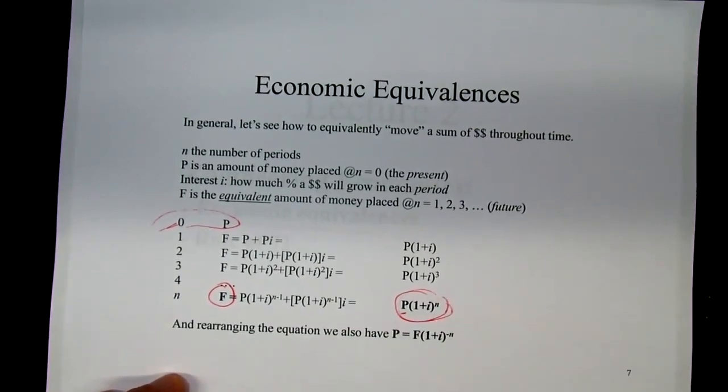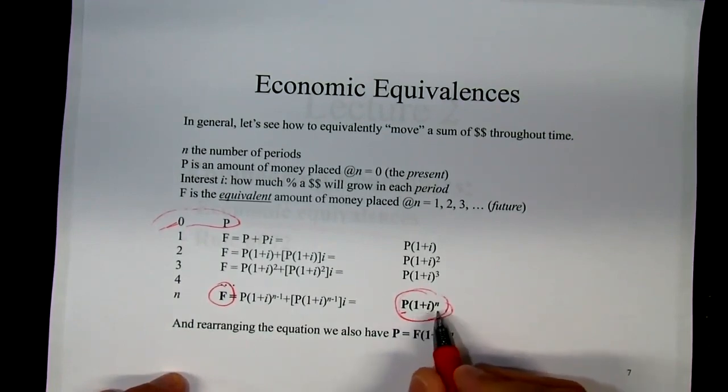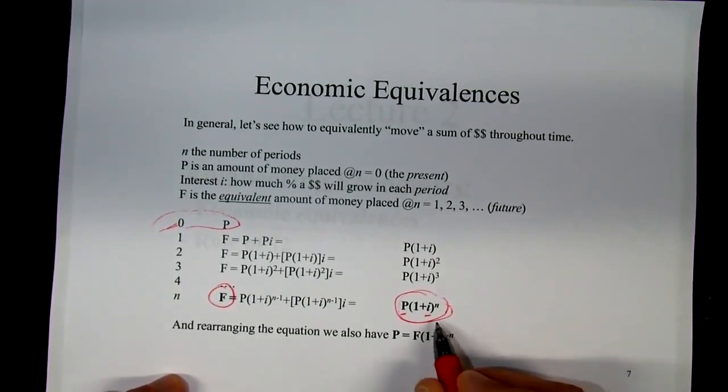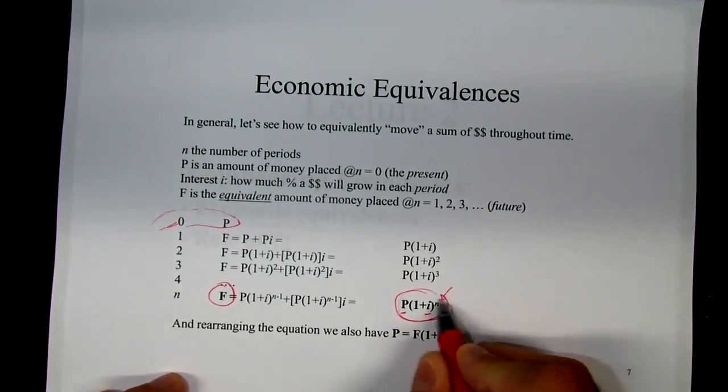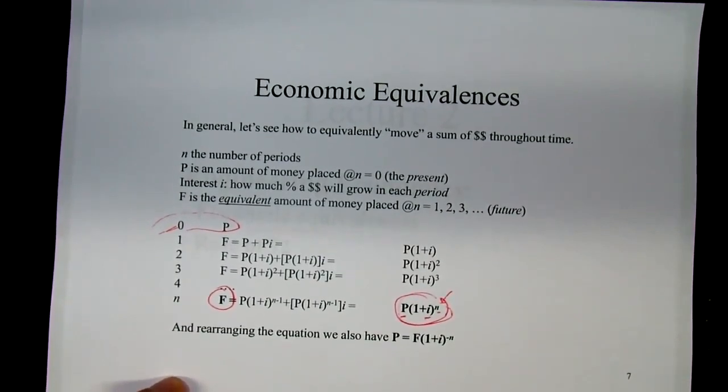So with that said, any future amount, or even any past amount if you want, can be equivalently calculated using this simple conversion formula, which includes the interest rate associated with those two periods and how many periods there are between the two transactions, which is represented by that.